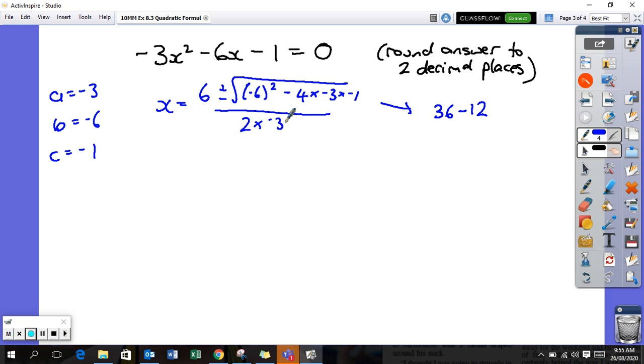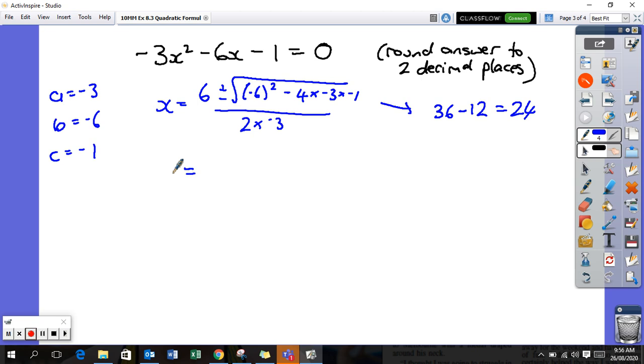If you're not sure about that, just put the whole thing into your calculator and let your calculator work it out for you. Negative 4 times negative 3 is 12, times 1 is still 12, but it's a negative, so it's minus 12. So 36 minus 12 equals 24.